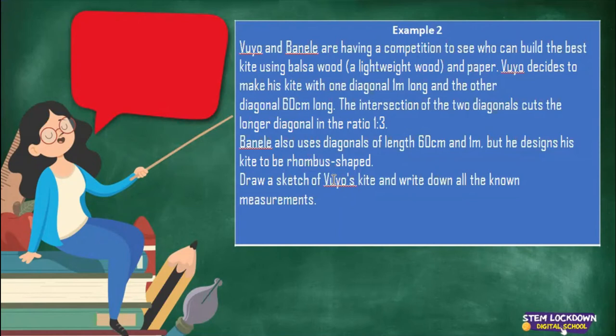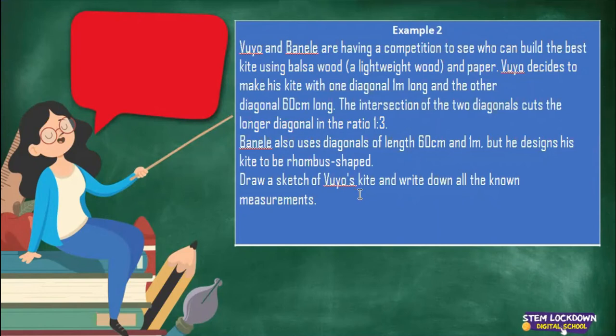The diagonals bisect each other at 90 degrees. That is one. And all the sides of a rhombus are also equal. And also the diagonals bisect the corner angles.